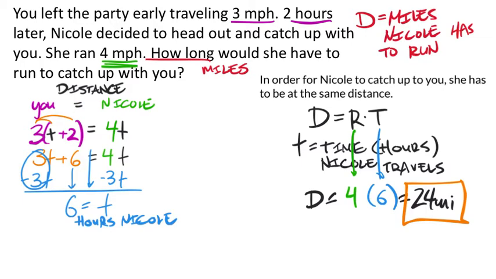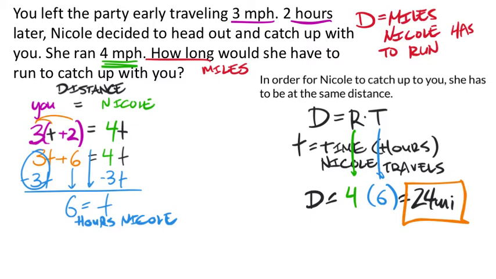But again, this one was very different, I would say, because we did set up the distance, but we also had to have a variable in there. We didn't know how much time it took her, but the time was what helped us to actually solve the problem, how many miles she had to run. How would you know that? Well, again, you may have to do some trial and error on this one.